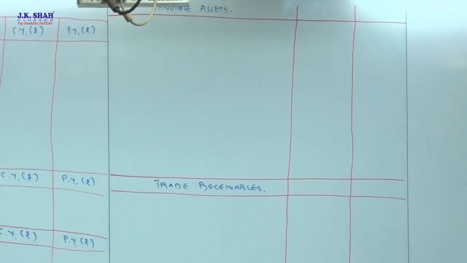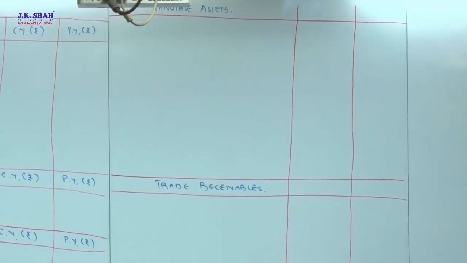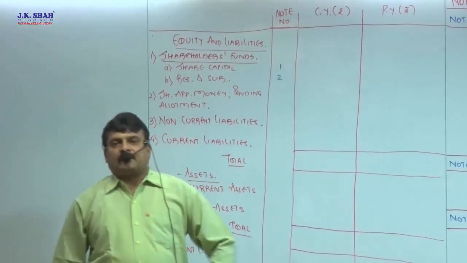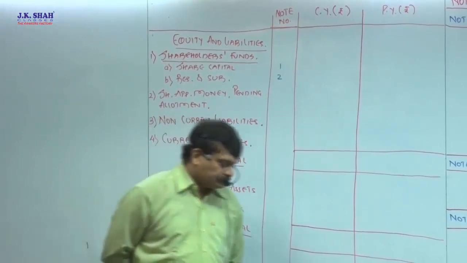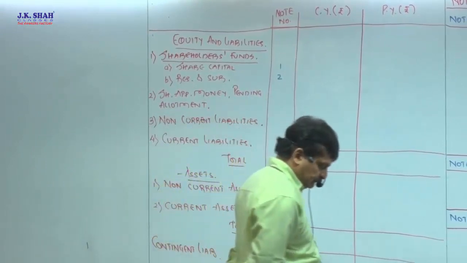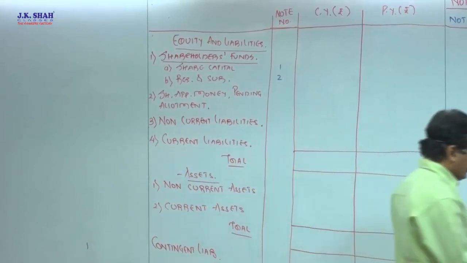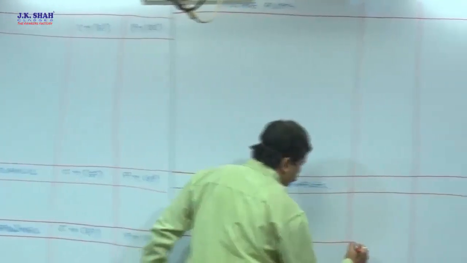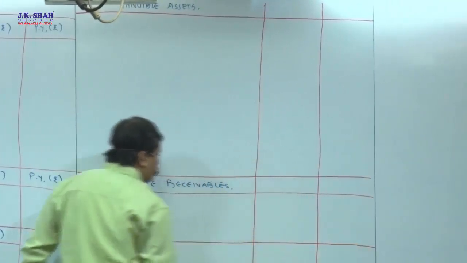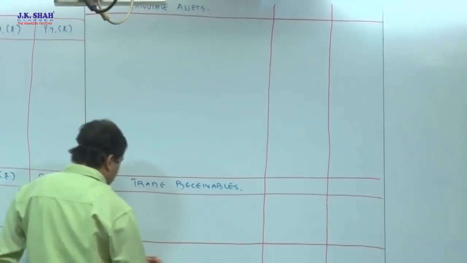Six to 7 lines. After trade receivables, next one. Cash and cash equivalents. 8 lines.